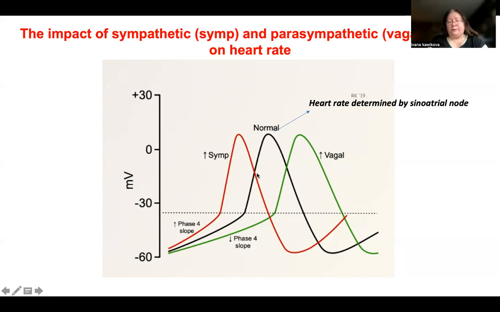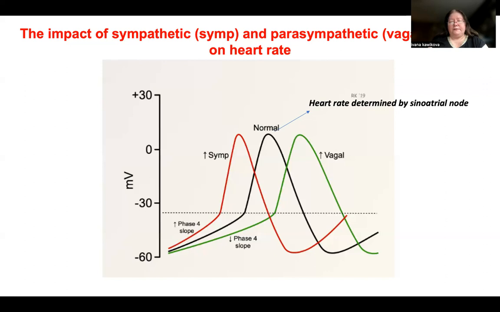And when the sympathetic system is activated and gives signals to the sinoatrial node, these action potentials are occurring faster, and you see here that the slope of this curve is steeper, while when the parasympathetic is calming down the sinoatrial node, the slope is flattened, and there will be fewer heartbeats of the heart.